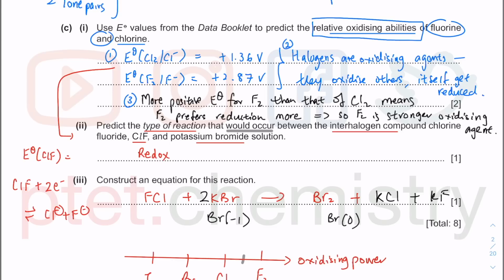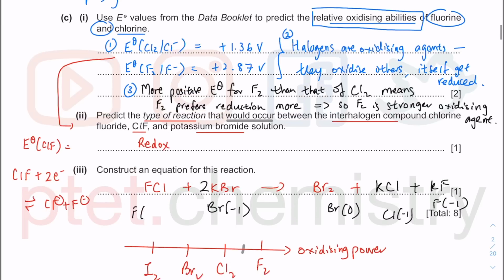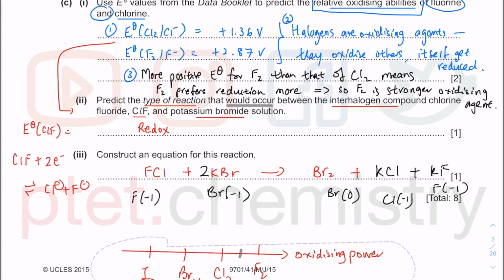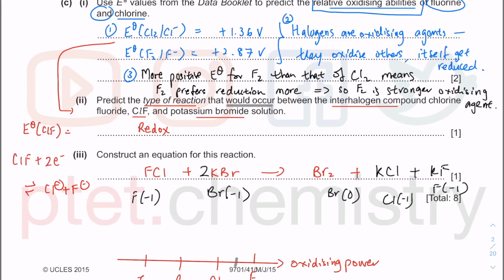KCl and KF, that is Cl minus 1, that is F minus 1. It's a bit hard to think about oxidation numbers here, but because fluorine is more electronegative than chlorine, fluorine must be minus 1, and chlorine must be the one with the positive oxidation number.